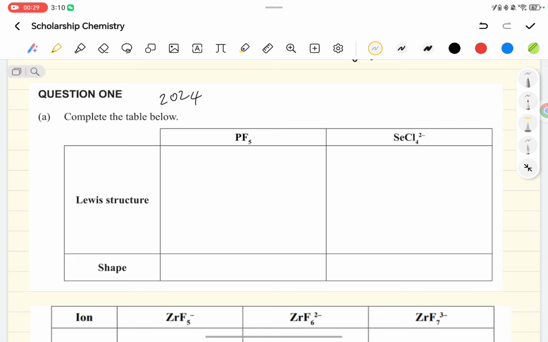We are asked to draw two Lewis structures, one for PF5, which is a molecule, and SeCl4 2-, which is a polyatomic ion. Let's look at PF5 first.